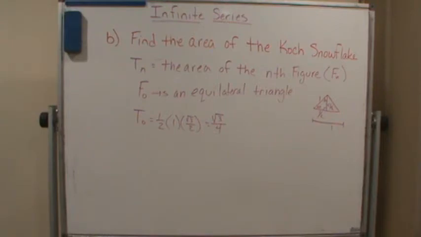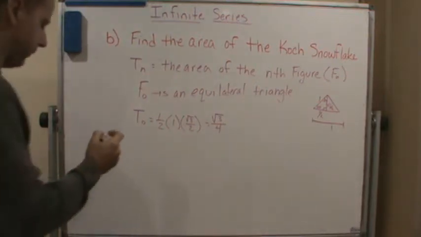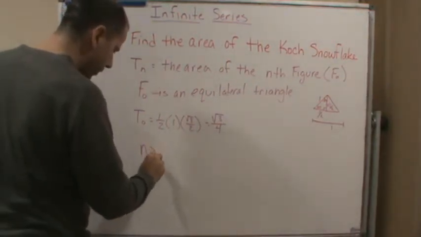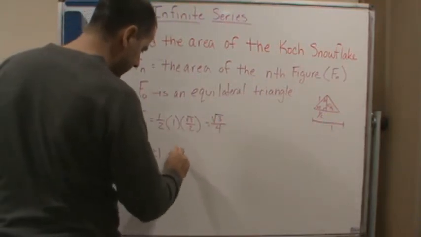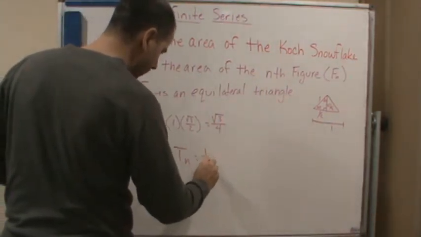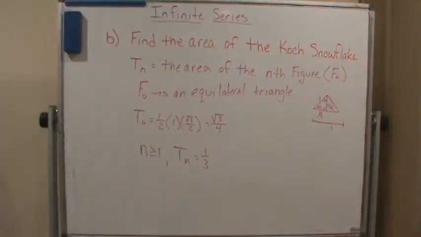Okay, so since the length of the sides of the new triangles that are being created from the sides of the previous figure are 1/3 the length of the sides of f sub n minus 1, then we can have this. We can rewrite t sub n, the area of the nth figure. For n greater than or equal to 1, we have t sub n is going to equal 1/3 of what?